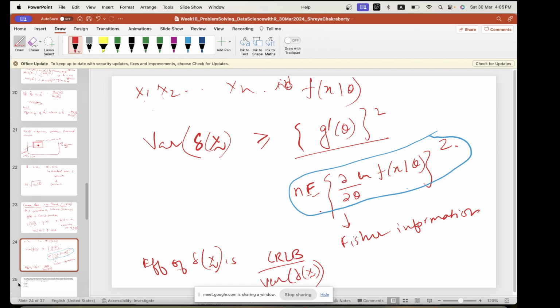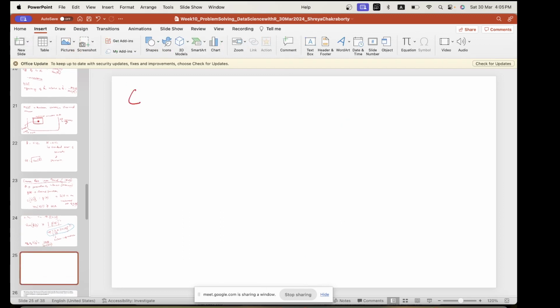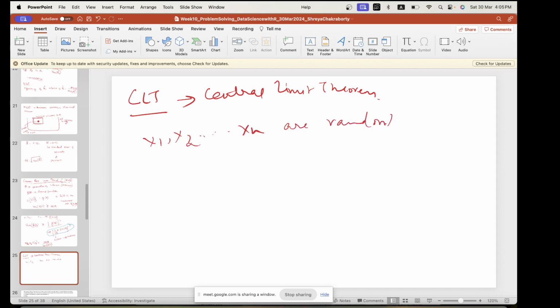Before the questions, we also learned briefly about the CLT, or the central limit theorem, which says that if X1, X2, ..., Xn are randomly distributed, then the summation of Xi will follow asymptotically a normal distribution.